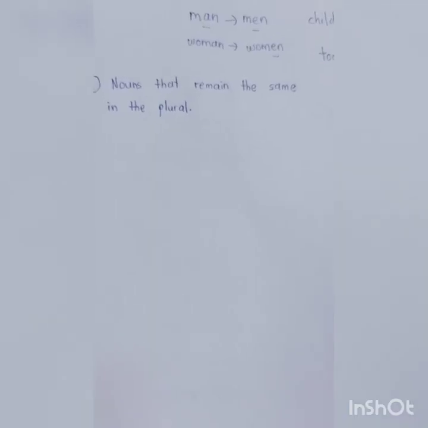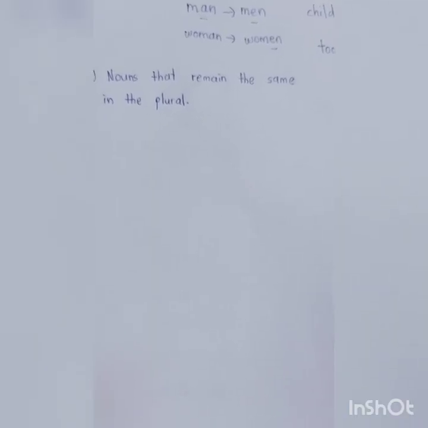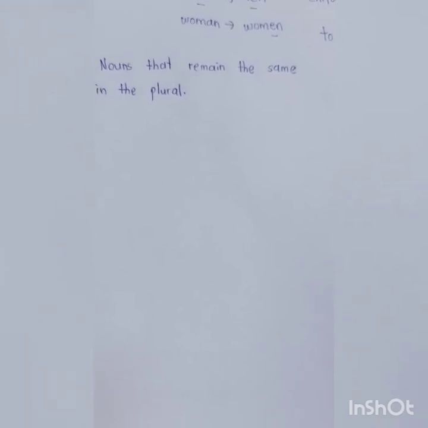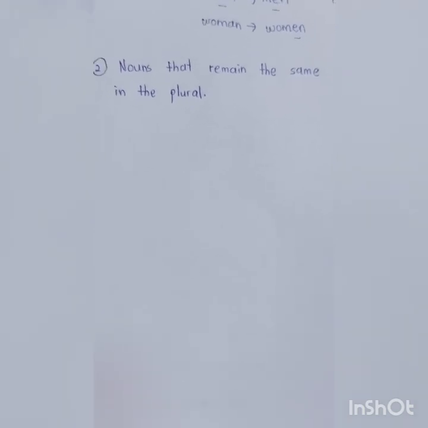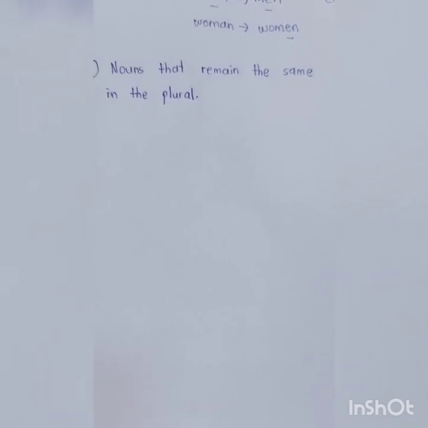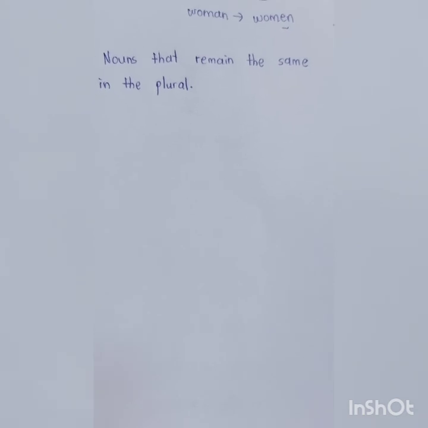Okay, the next one, nouns that remain the same in the plural. Bermaksud, kata nama yang dia punya singular dan plural ejaan dia masih sama. Kita tak tambah S, kita tak tambah ES, kita tak tambah IES dan kita tak tukar perkataan tu. So, tapi dia boleh bermaksud satu dan dia juga boleh bermaksud lebih daripada satu. Contoh dia adalah sheep.